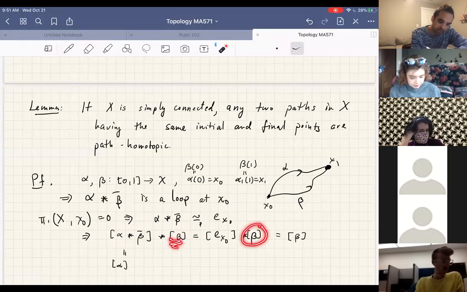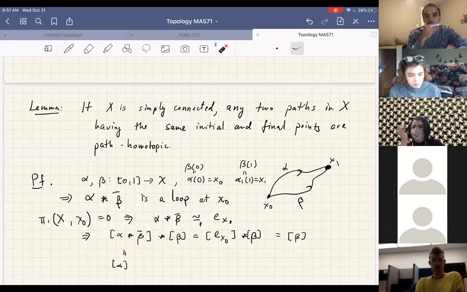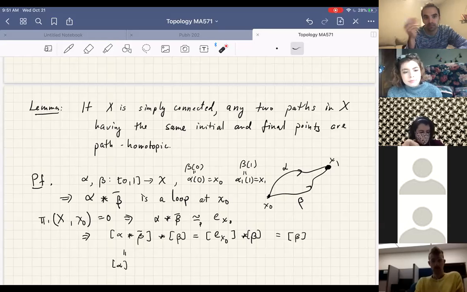And this is the same as beta. So these two classes are the same. So in any simply connected topological space, any two paths with the same initial and same final point are path homotopic.